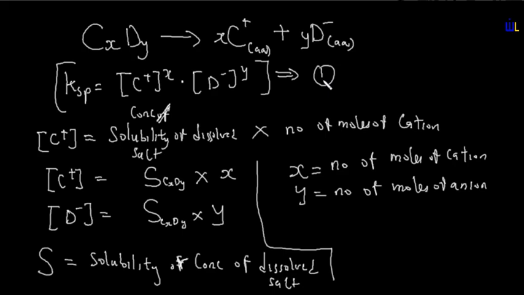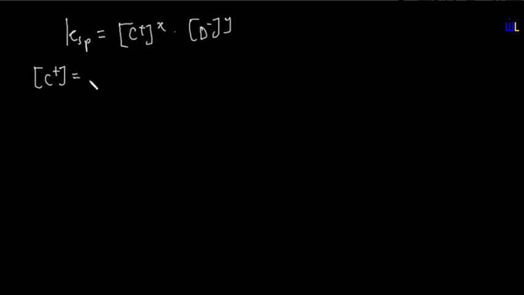So now, having said this, we are going to use this to show a direct relationship between solubility product and solubility. So you have Ksp equals this guy raised to the power x and this guy raised to the power y. But you already know that this guy, which is the cation concentration, is S times x.